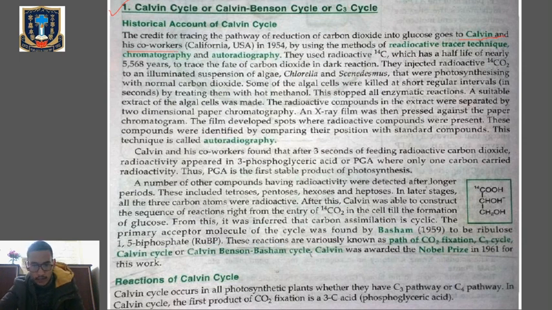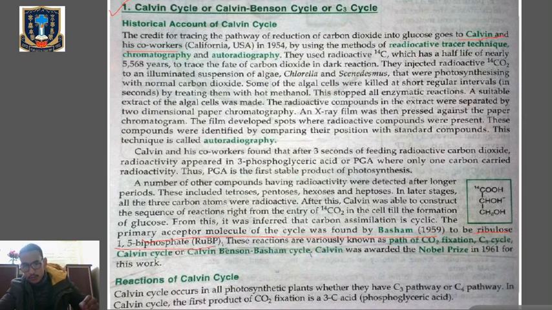Since we're talking about carbon dioxide fixation, very carefully, the primary acceptor molecule of the cycle was found by Bassham in 1955. That means the primary acceptor molecule that will fix the carbon dioxide in the C3 cycle was found by Bassham, and that acceptor molecule was ribulose 1,5-bisphosphate, also called RuBP.